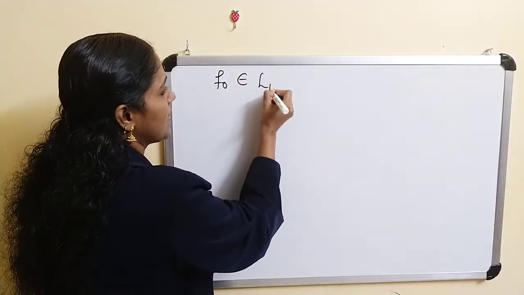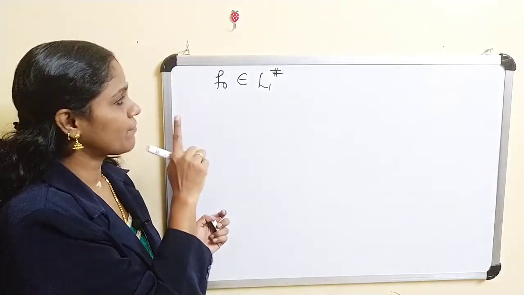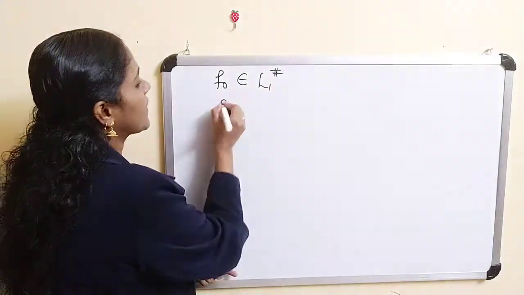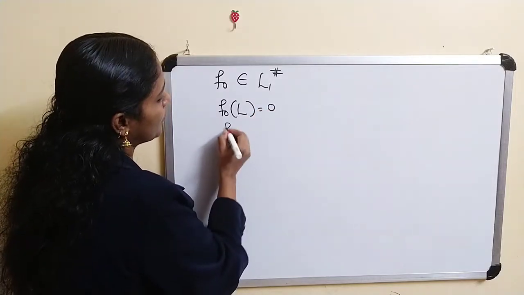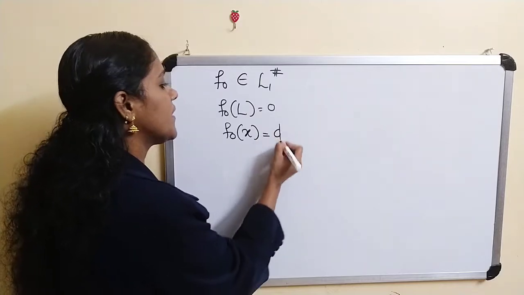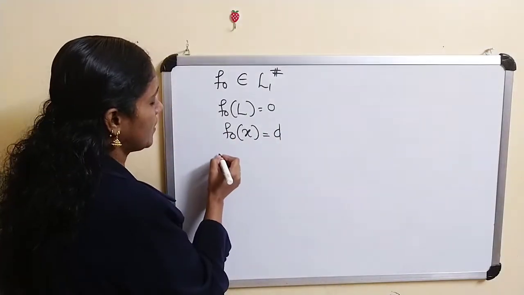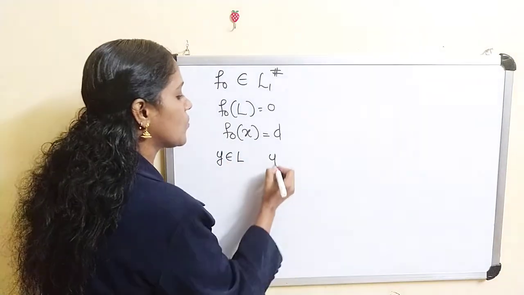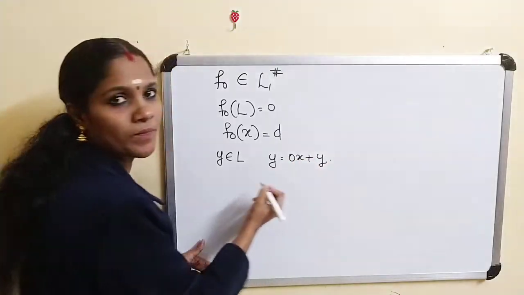Now we have to prove that f0 is a bounded linear functional. Also we have to prove f0 of L is equal to 0. Also we have to prove f0 of x is equal to d, etc. Now suppose for any y belongs to L, you can write y is equal to 0 times x plus y.